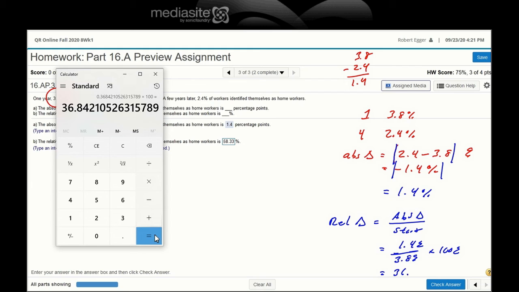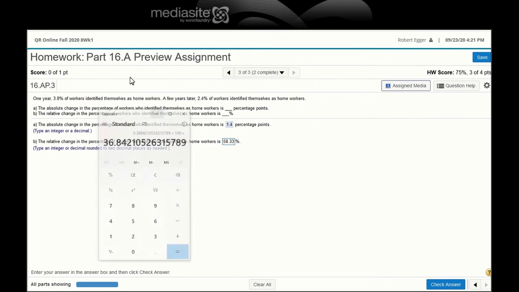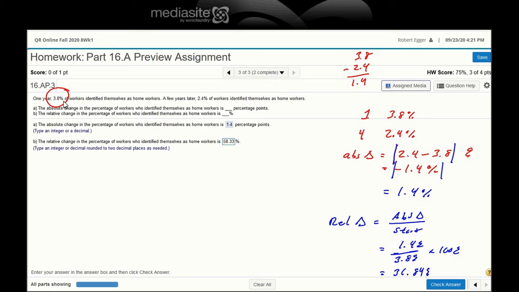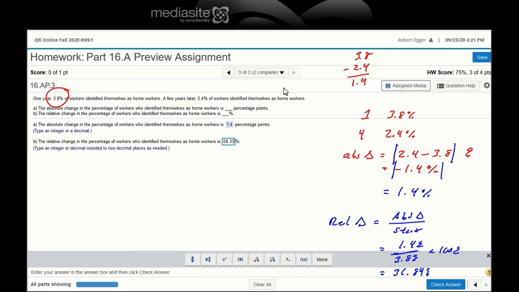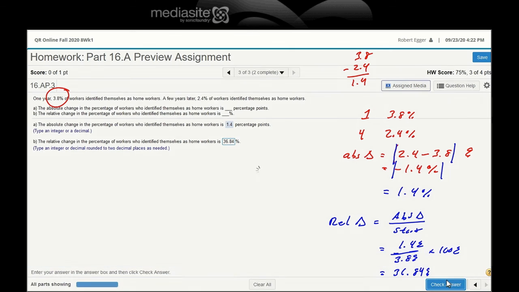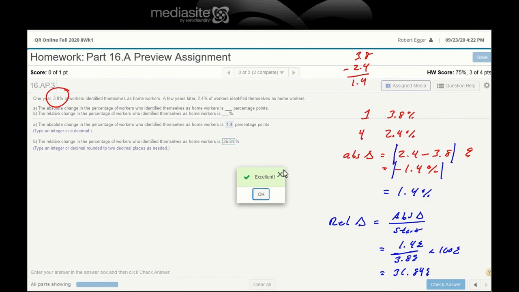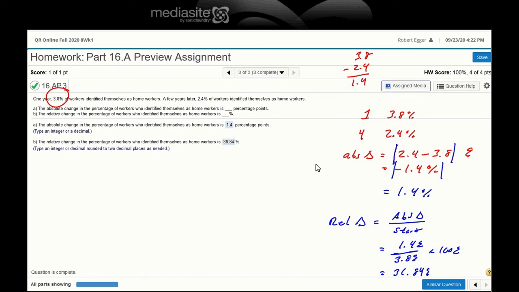So 36.84% change. Again, 3.8 to 2.4 is a change of 36.84%, absolutely. I personally think we should have a sign attached to it showing it got smaller, but there you go. There you have it.